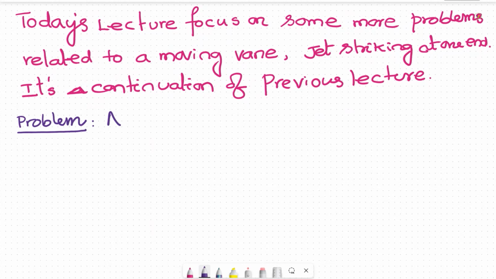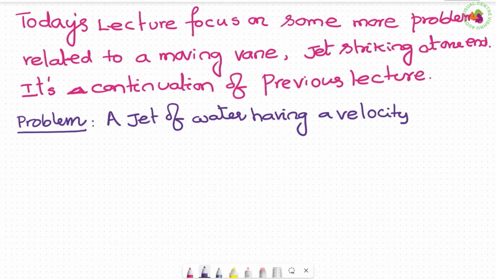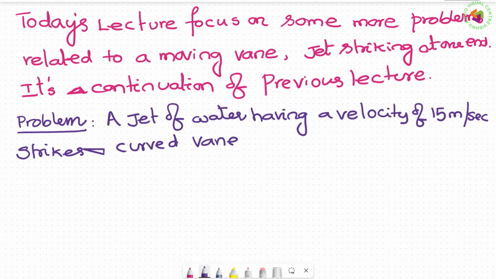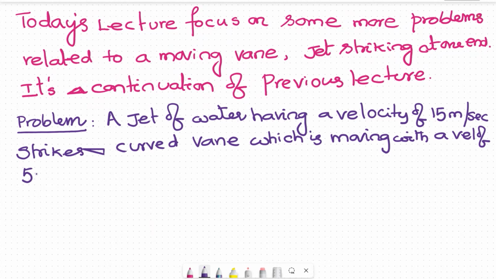A jet of water having a velocity of 15 meters per second strikes a curved vane which is moving with a velocity of 5 meters per second.